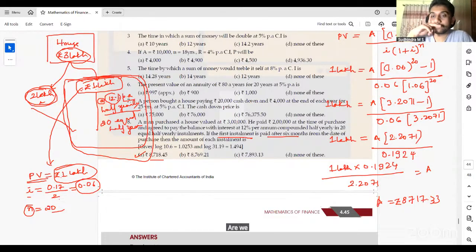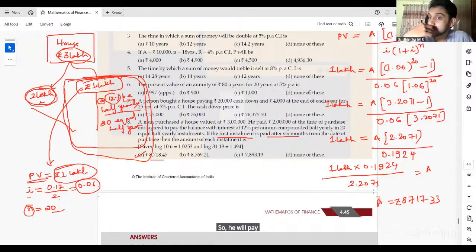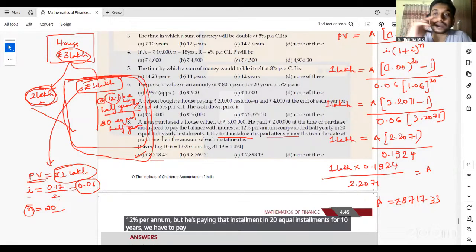Are we clear? Kushal, understood? So why not 1,12,000? Because it's 12% per annum, right? He will pay 1 lakh at the interest of 12%. It's not 1 year's interest. It is 12% per annum, but he is paying in 20 equal installments, so for 10 years we have to pay interest, not only for 1 year.